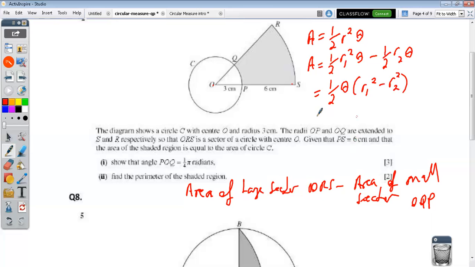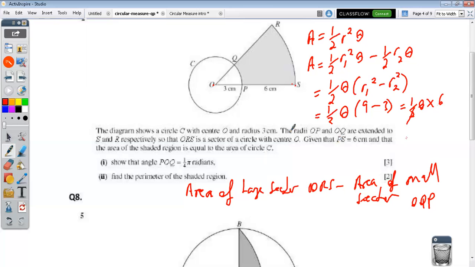Simply applying factorization from O level. So that's half the angle theta in question minus the radius all the way from the center, which is 9 centimeters, minus the radius of the small one, which is 3. And that gives you 6. Okay, so you end up getting half theta multiplied by 6.